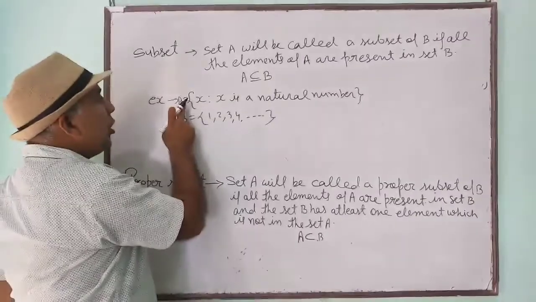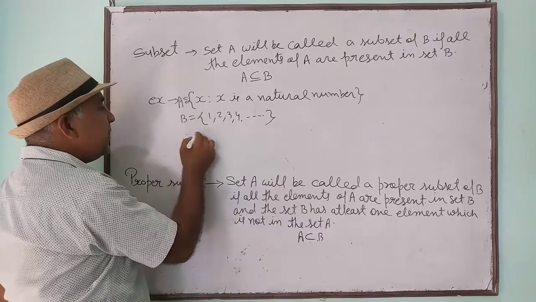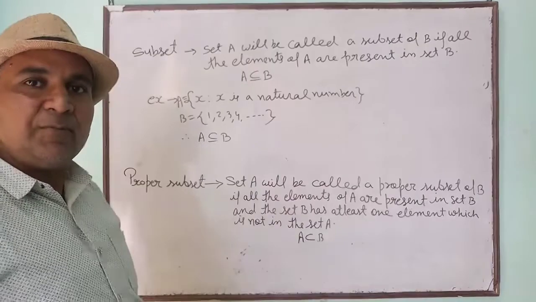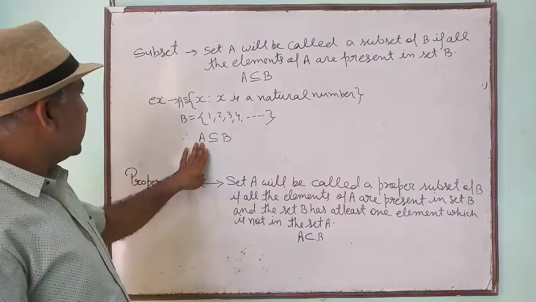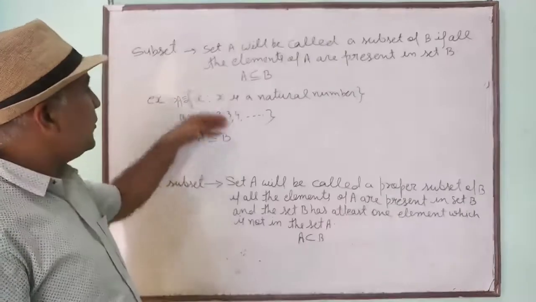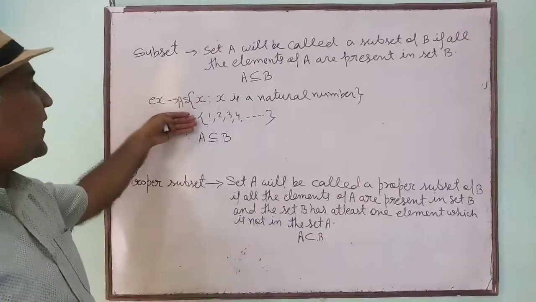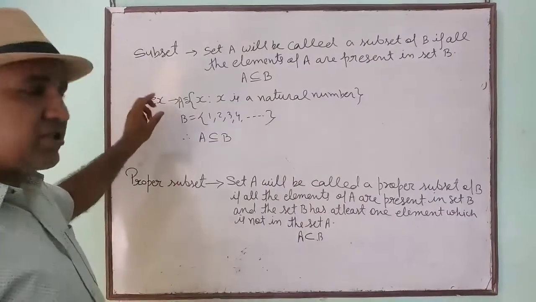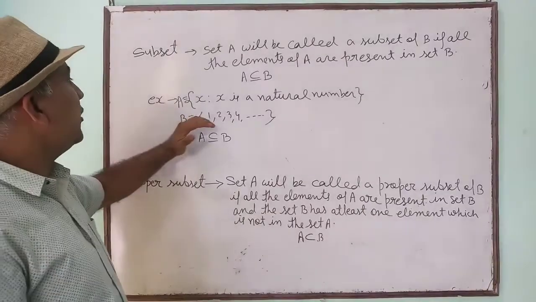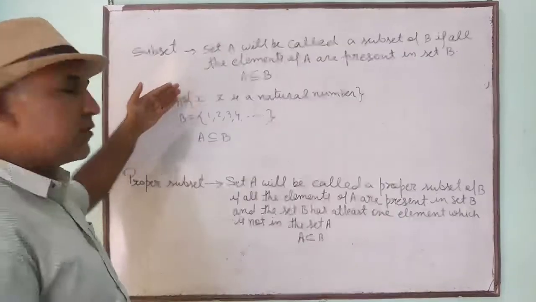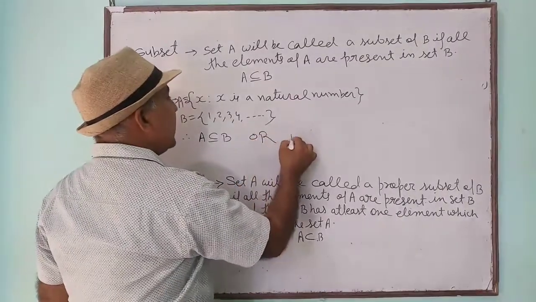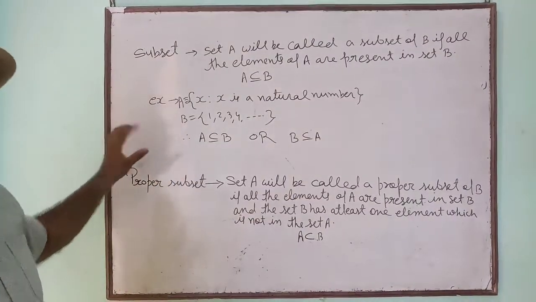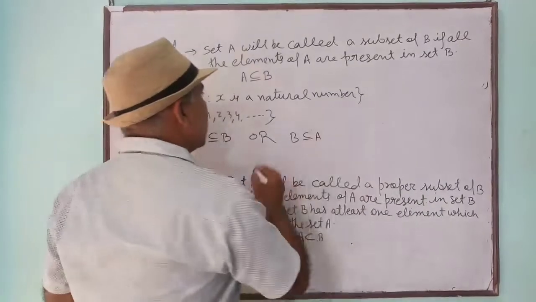You can see that all the elements of A are present in B. That means A will be called a subset of B. And you can see the opposite also: all the elements of B are present in A also. You can say that B is also a subset of A. Understood? Take one more example.